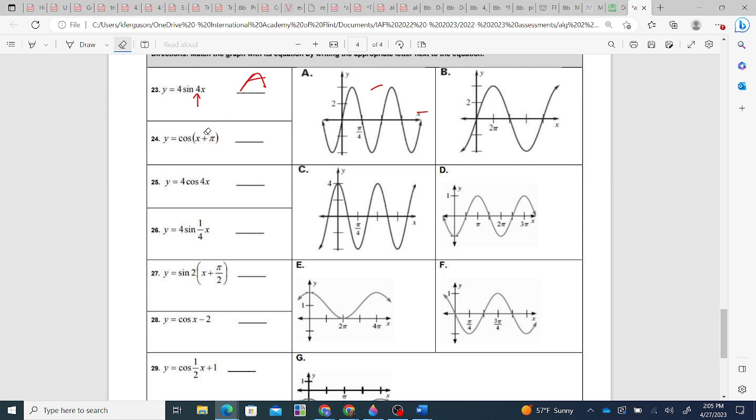It's the same as the first one because, look, y equals 4 cosine 4x, or y equals 4 sine 4x. So this graph has a frequency of 4. So it has a period of pi and a half, or excuse me, half pi. And the frequency is 4. So yep, that's C.